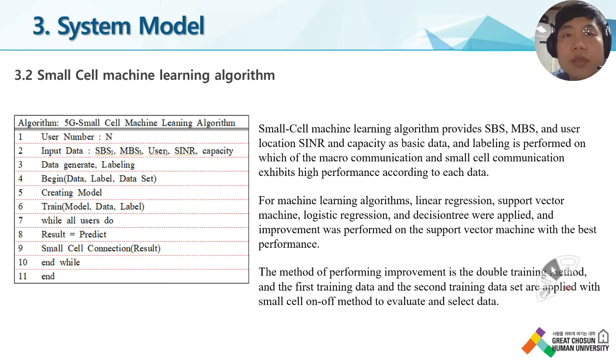The machine learning algorithms applied were linear regression, support vector machine, logistic regression, and decision tree, and we made improvements to the best performing support vector machine. The improvement method takes a double training approach, adding a process of evaluating and selecting data by applying a small cell on-off approach to the first training data set.